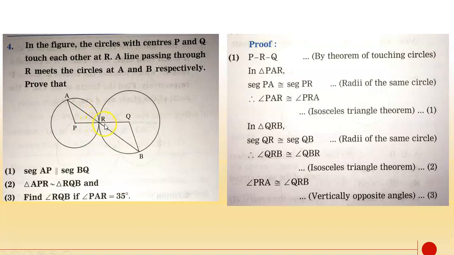So in this statement, angle PAR and angle PRA are congruent, angle QRB and angle QBR are congruent, and angle PRA and angle QRB are congruent. That is my statement 1, statement 2 and statement 3.